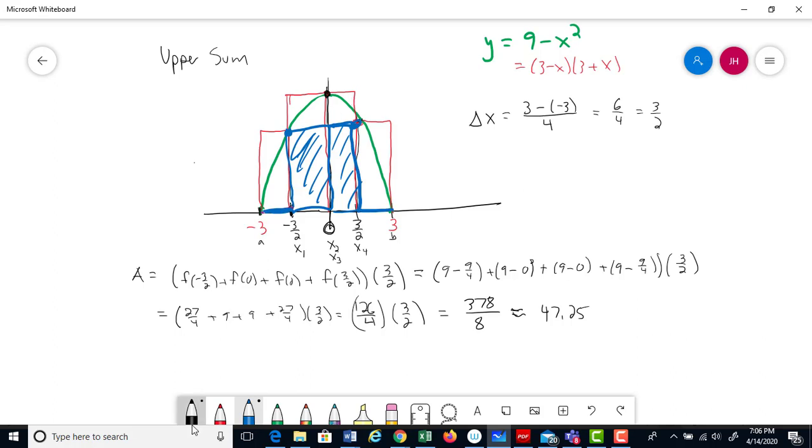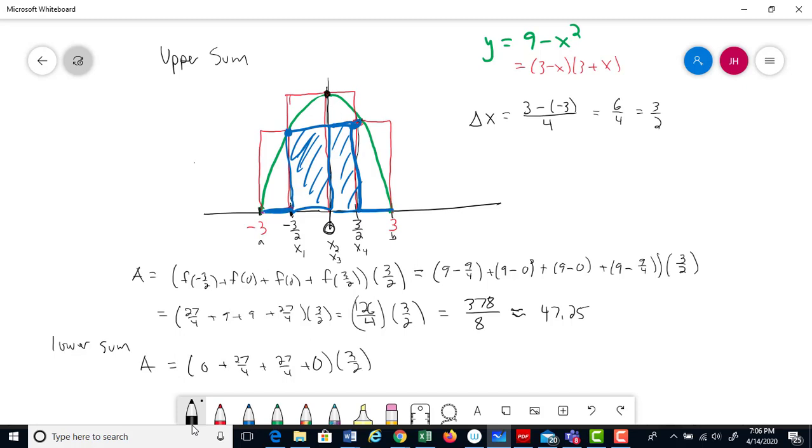So your lower sum, your area would equal, this is clearly 0, so I just have to find this box, and we already found that box. That box right here is this 27 over 4, so it's going to be 0 plus 27 over 4 plus another 27 over 4 plus this box, which is 0, times 3 halves.